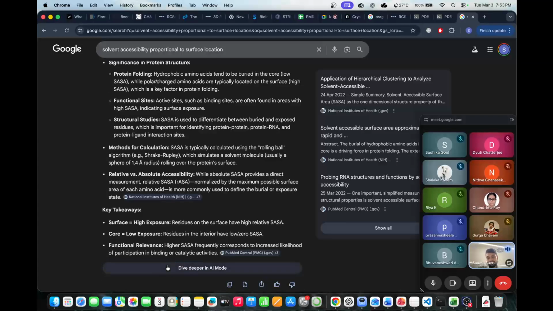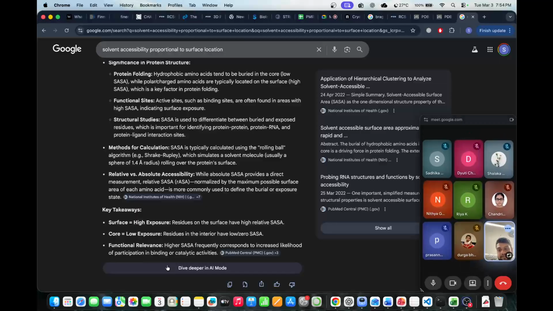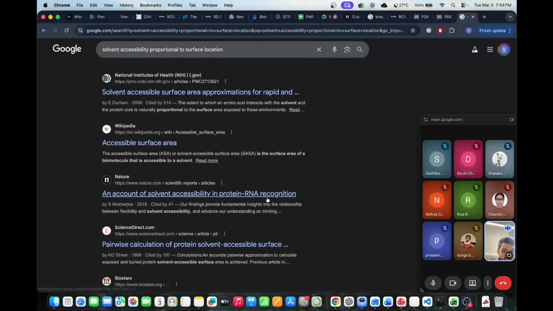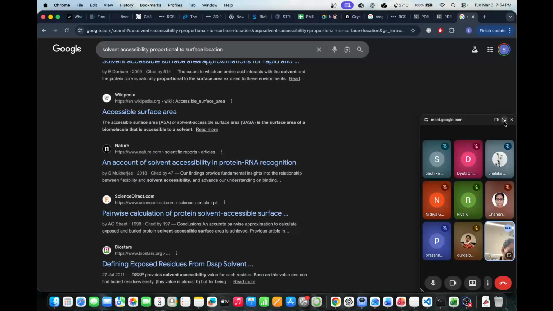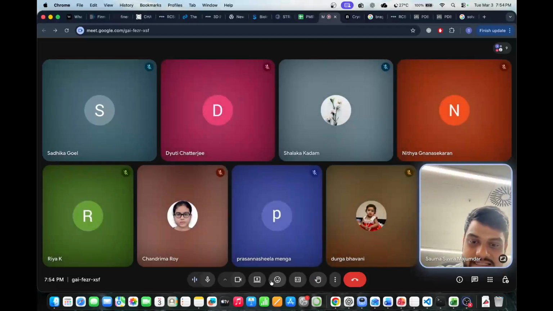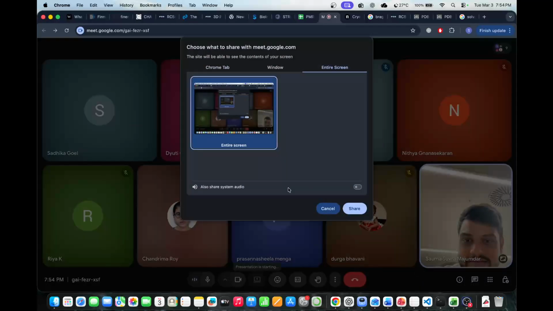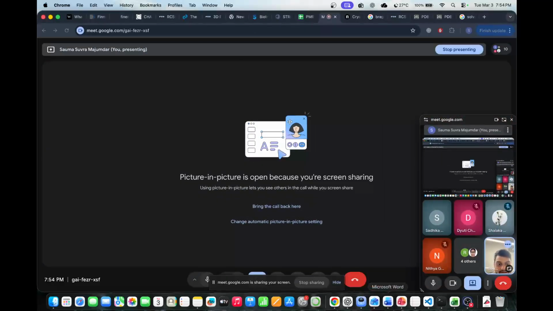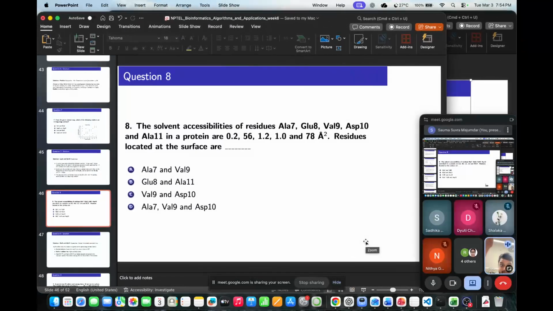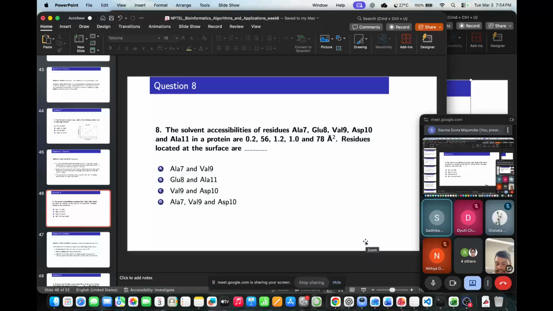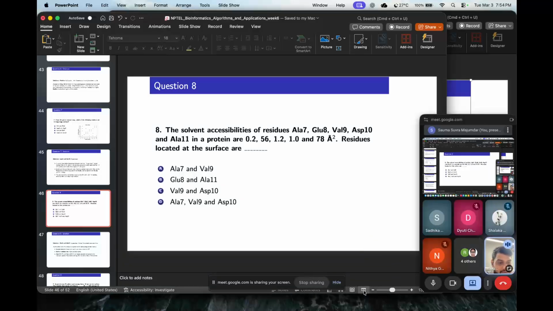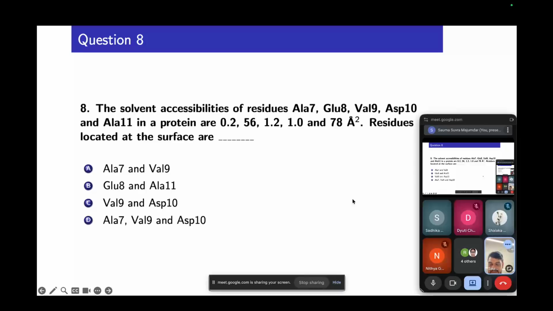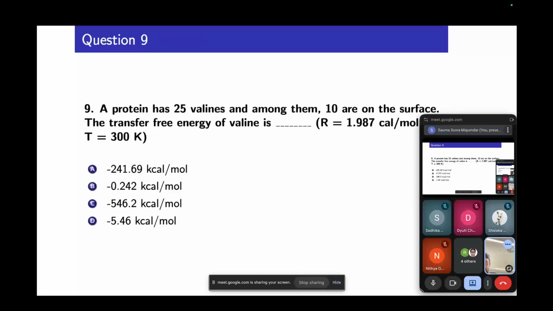Google is saying residues on the surface have high SASA. I'm not sure about the opposite, so you might want to ask the reason for his answer, because the higher the values that you have, the more probable that you're on the surface. The answer has also been given like this. So yeah, you can ask him next class. Okay, sir.